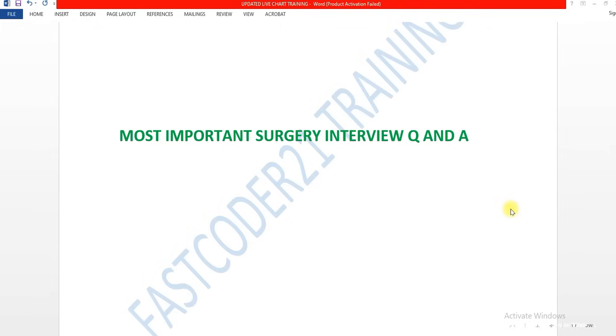Which code will you use? You will use 11043 and 11046. Okay, 5 by 5, 25, muscle level. So you need to code this one.